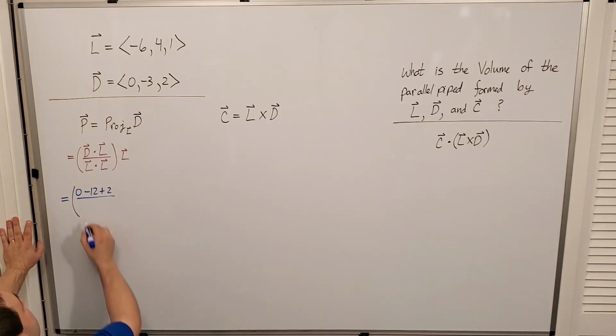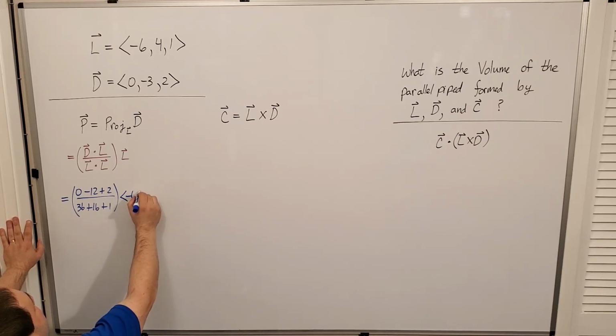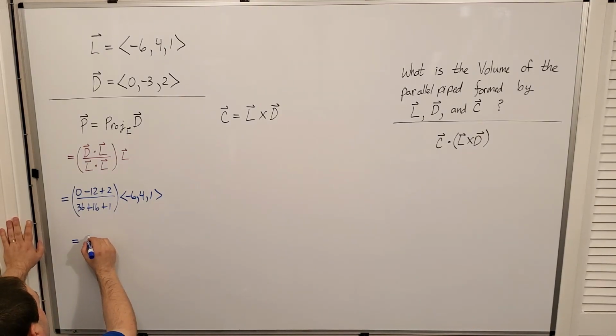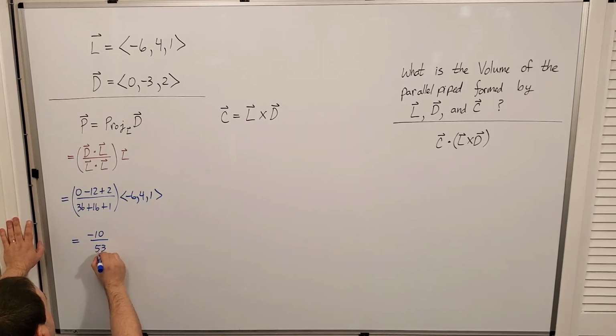L dot L is going to be 36 plus 16 plus 1, which is 53. And it's times the L vector, -6, 4, 1, like so. So then what I end up with is -10 over 53 times this vector.